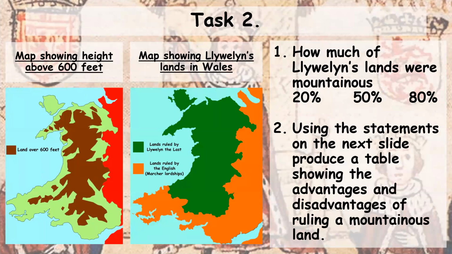First of all, how much of Llywelyn's lands do you think were mountainous? Was it 20%, 50%, or 80%? And using the statements on the next slide, which I will show you in a second, I want you to produce a table showing the advantages and disadvantages of ruling a mountainous land.